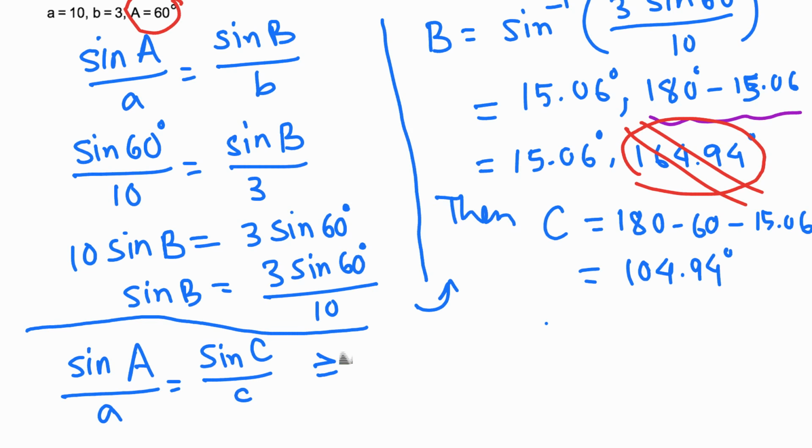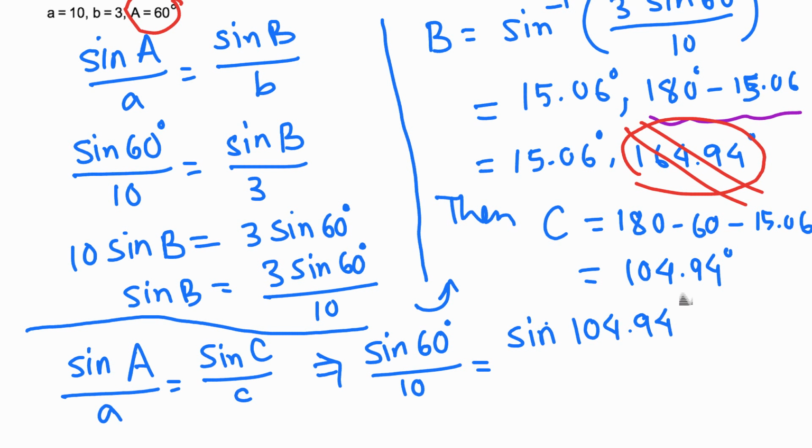That is sine 60 degrees over lowercase a, which is 10, equals sine of angle C, which we just found, 104.94 degrees, all over lowercase c.